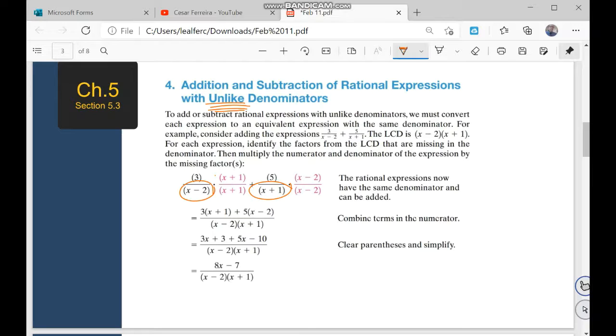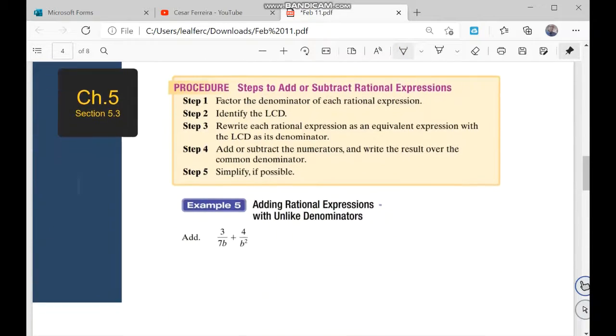I'm going to skip this explanation on that slide, because if you want, you can read and try to understand this by yourself, but it's much better when we apply the step by step on an example. Okay, so let's skip and go straight to the procedure.